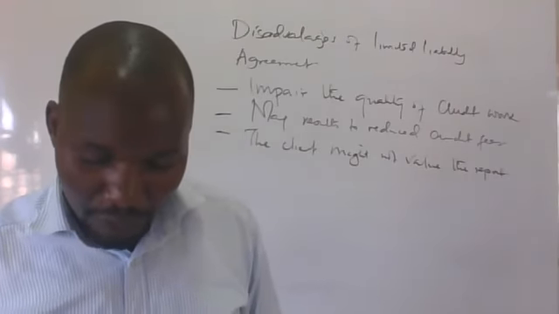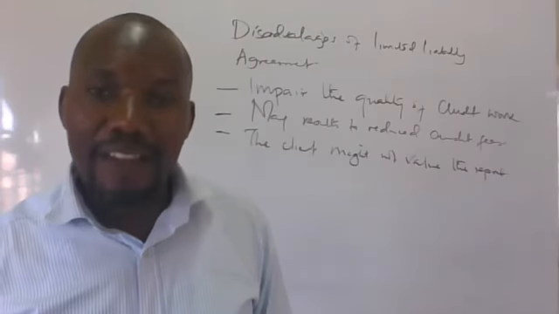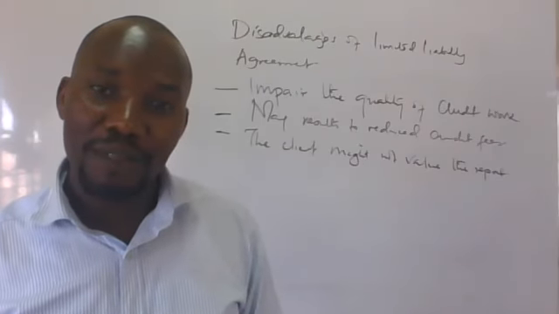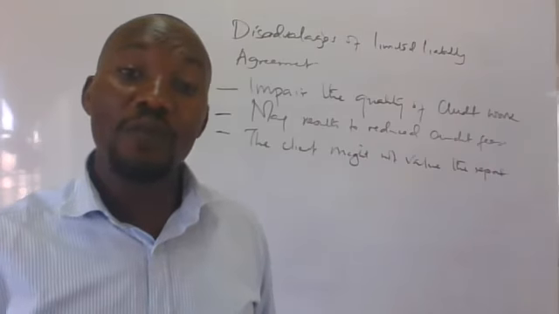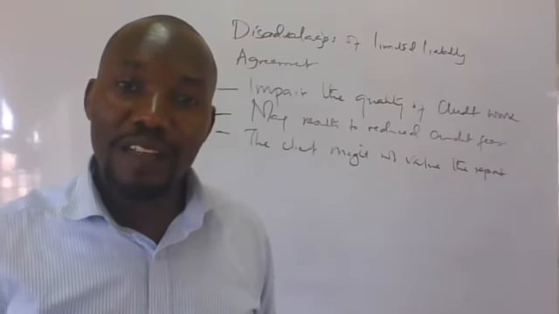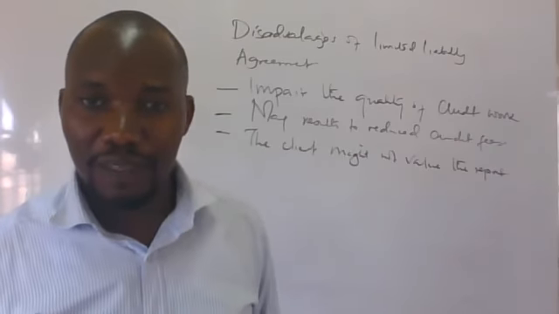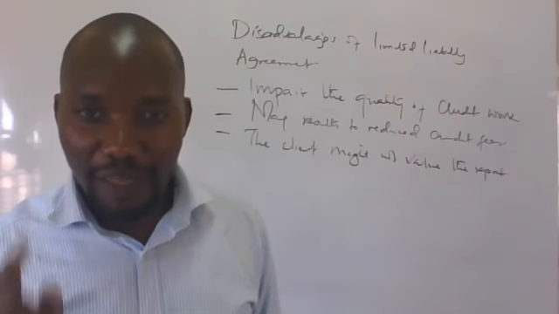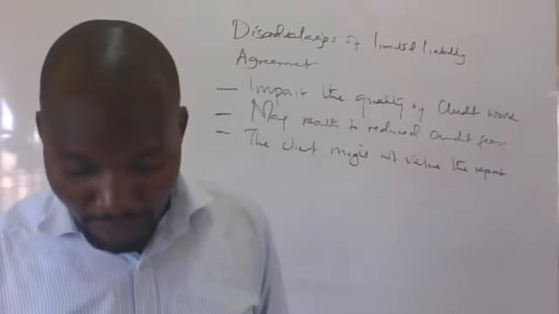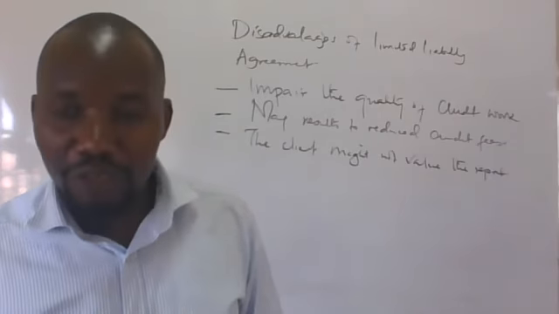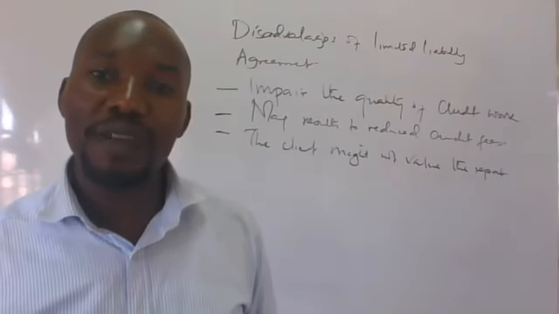You can be liable where you aided the client to commit crime. You assisted the client to hide some things or remove some information. So you aided the client to commit crime. That is also another thing that can make you criminally liable. Sasa, then when you also give a false statement knowing it to be false.